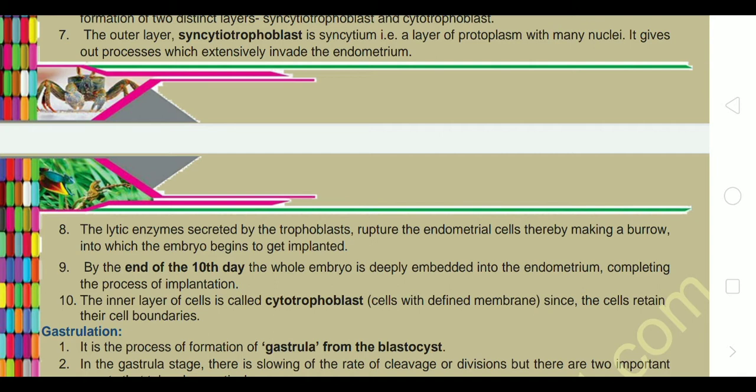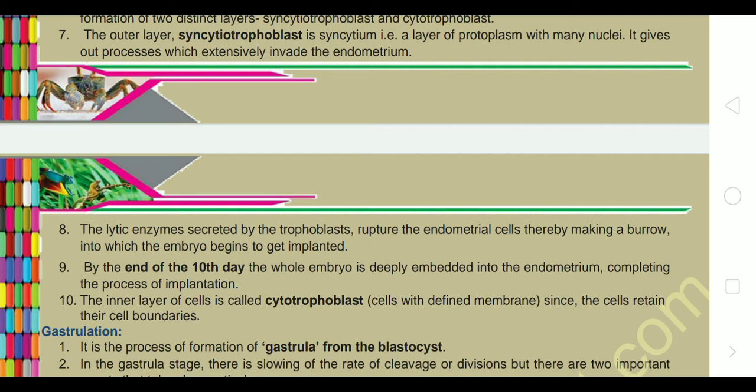The lytic enzyme secreted by the trophoblast ruptures the endometrial cells, thereby making a burrow into which the embryo begins to get implanted. By the end of the 10th day, the whole embryo is deeply embedded in the endometrium. That is the completion of the process of implantation.